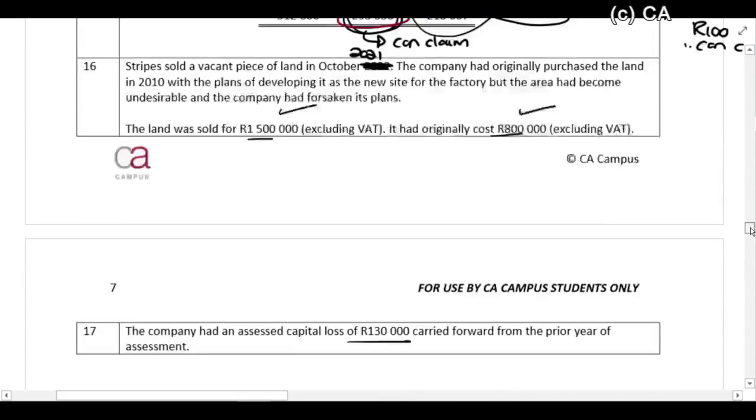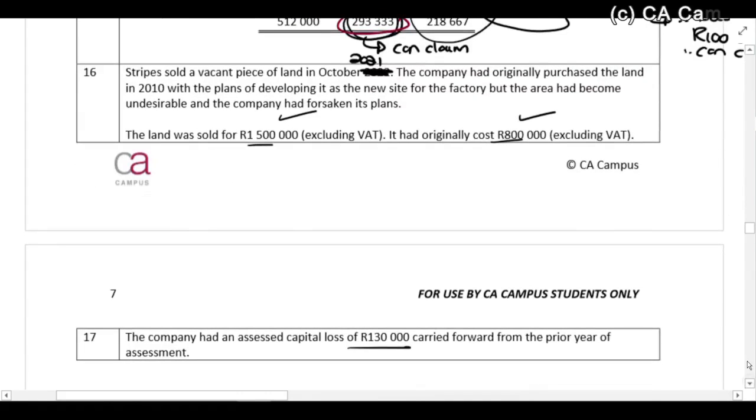Okay, and then number 16 is the sale of the vacant piece of land.